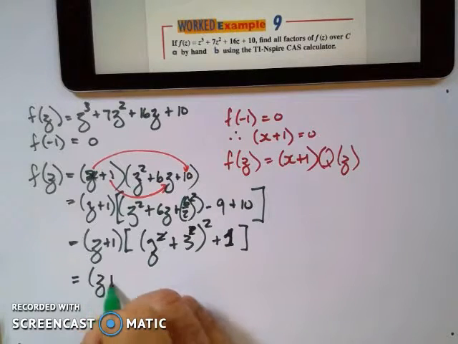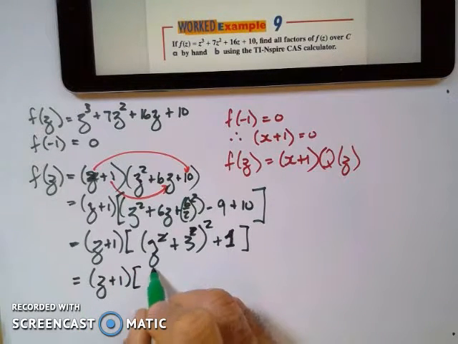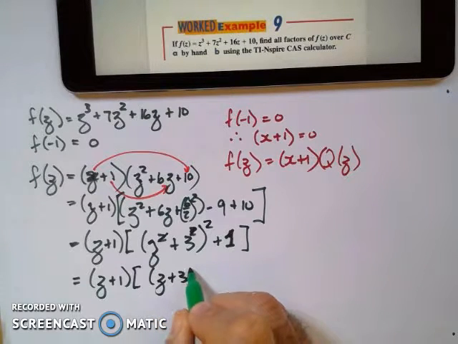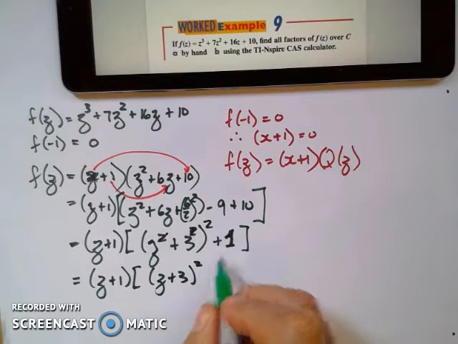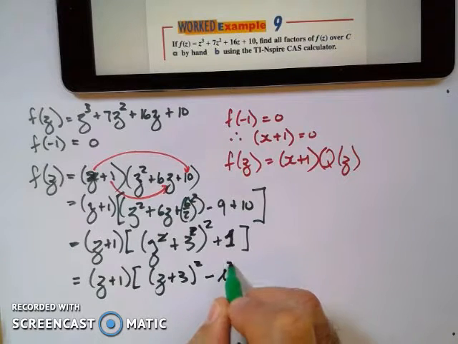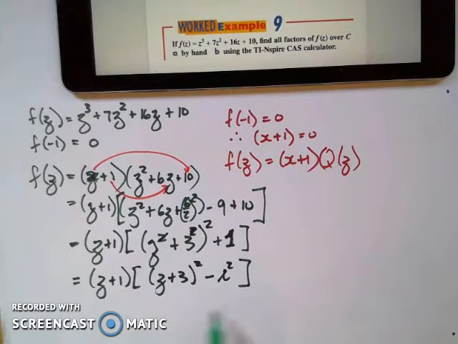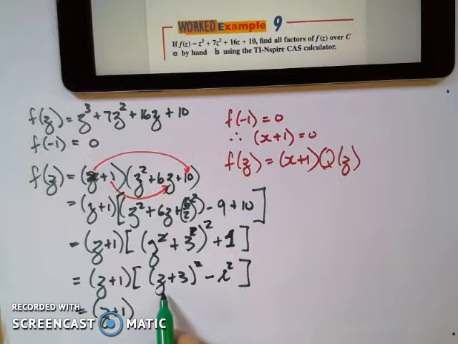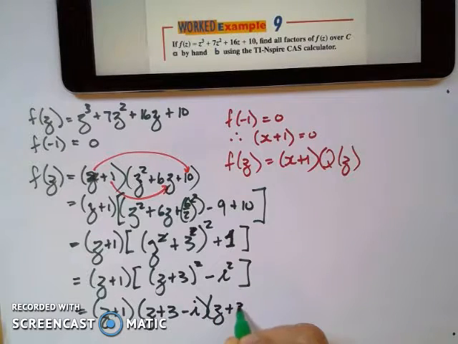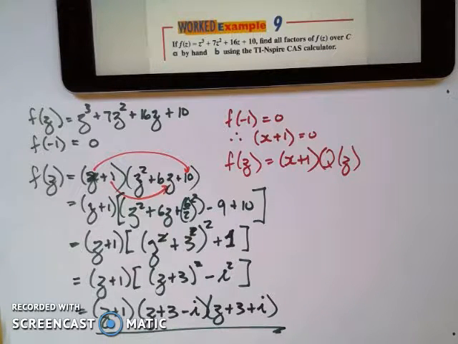This is z plus 1, z plus 3 squared, plus 1 minus i squared. Now this is the difference of 2 squares, which is z plus 3 minus i, z plus 3 plus i. So this will then be all the factors of my equation over z, or over C.